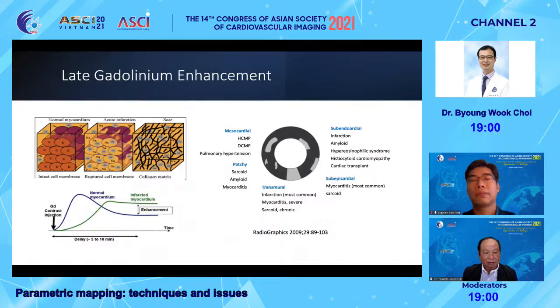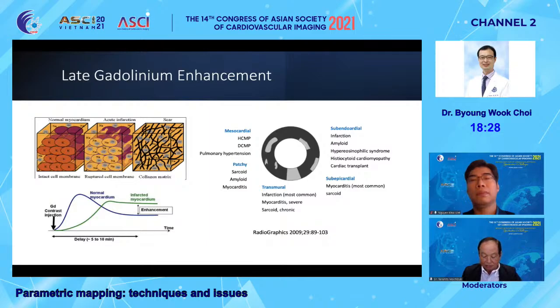Before I talk about parametric mapping techniques, which are represented by T1 and T2 mapping, I'm going to start with late gadolinium enhancement. The concept of LGE was first introduced for and applied to myocardial infarction. But since we knew that LGE could be present in any kind of myocardial damage, including inflammation, necrosis, or infiltration, we have expanded its application to non-ischemic cardiomyopathy.